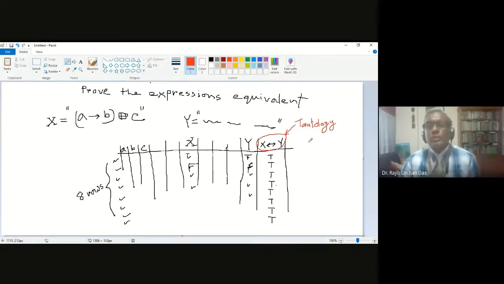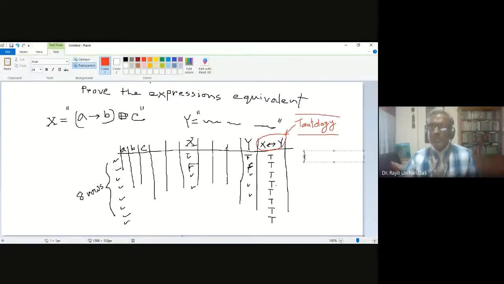Tautology means an expression which is always true. Another thing is there; let me just tell you the name. Maybe some other time, after the first term exam, in the midterm syllabus, I will discuss it again.